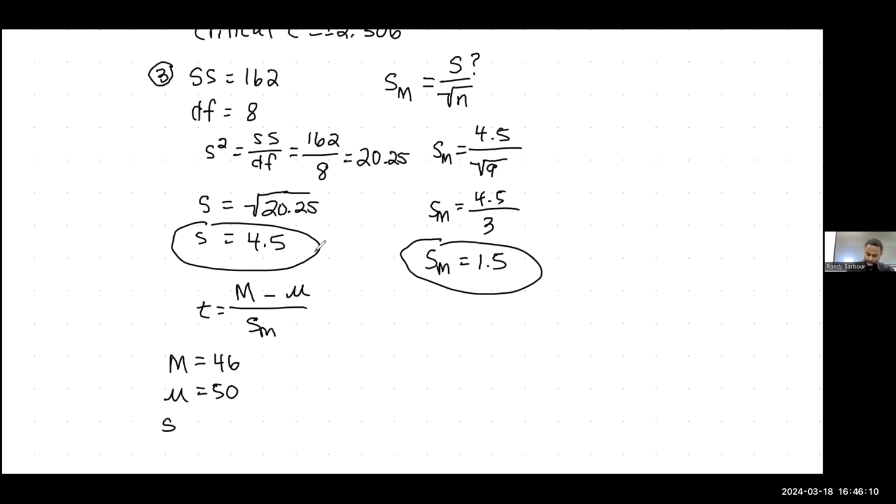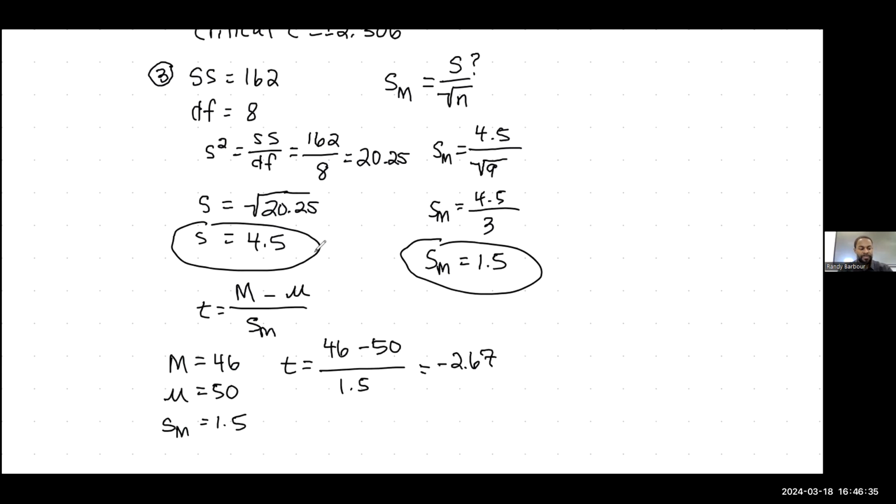Okay, so now I'm just going to plug values in for my t. It's going to be 46 minus 50 over 1.5. Okay, so a -4 divided by 1.5 gives you a negative 2.67. All right.